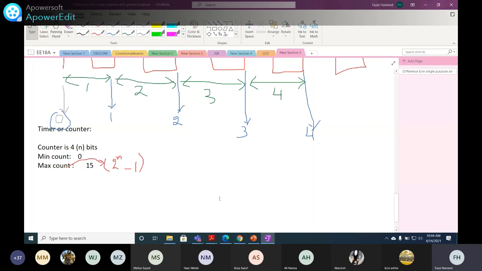So one use of the counter is to keep track of clock cycles.